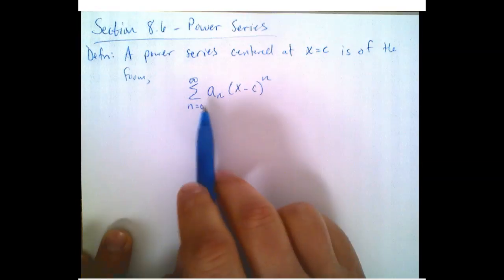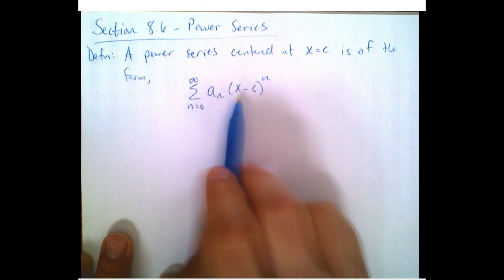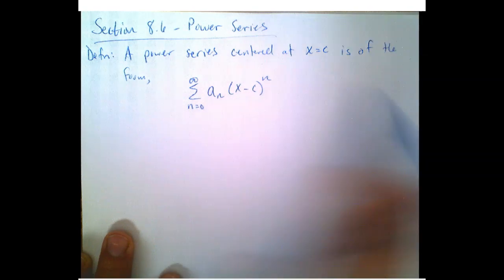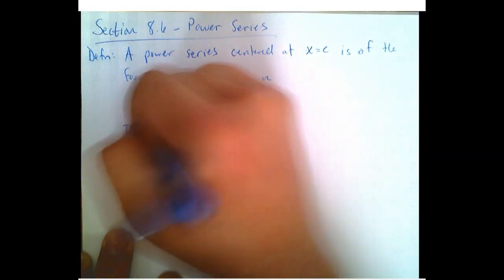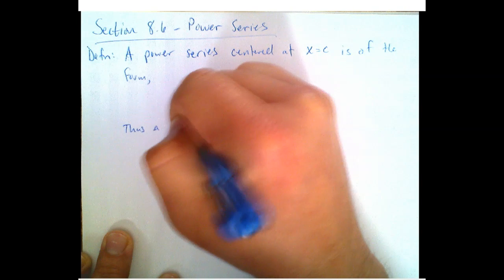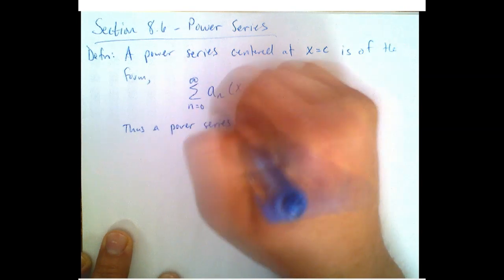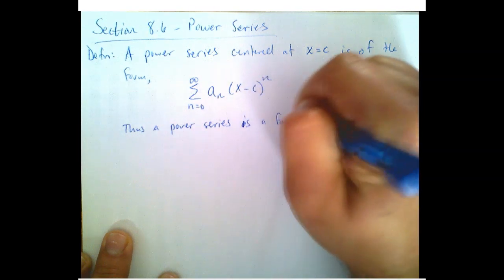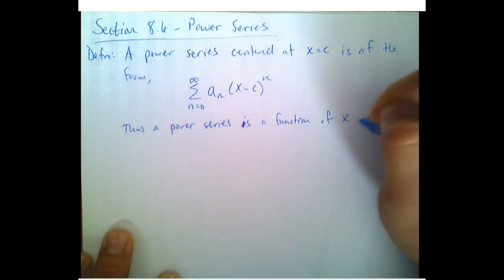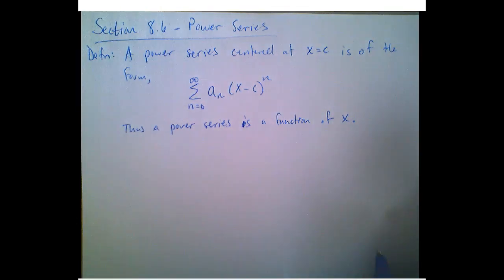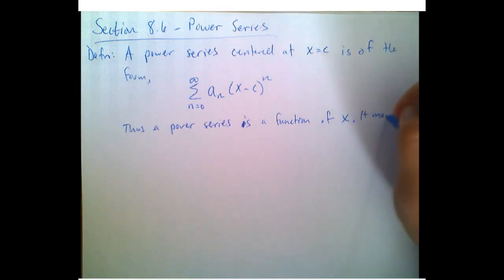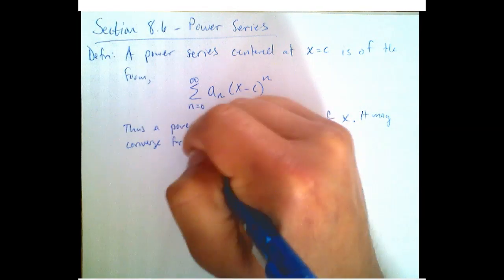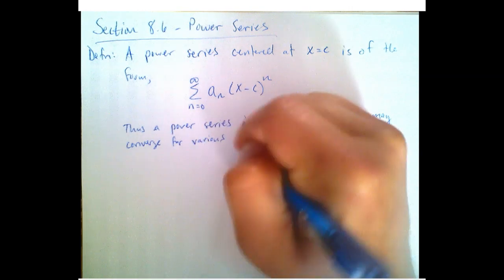Okay, so you can see here that we have a series coupled with a term involving x. So a power series is a function of x. A power series is a function of x, and it may converge for various choices for x.